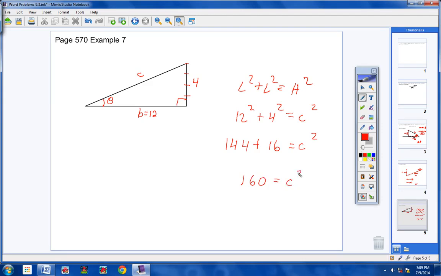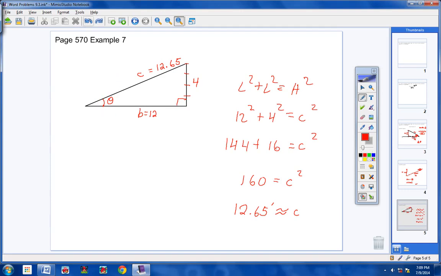And if you take the square root of both sides, you will get 12.65 feet approximately. So there we go. Now we found the length of C. So in the problem so far, it asked us to find the length of B. We've done that. We were also asked to find the length of C. We've done that. And now we're going to find the measurement of theta.